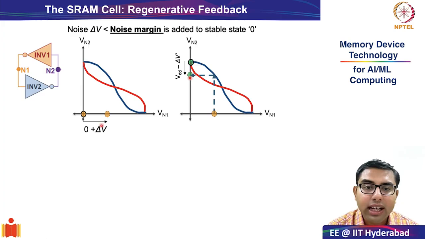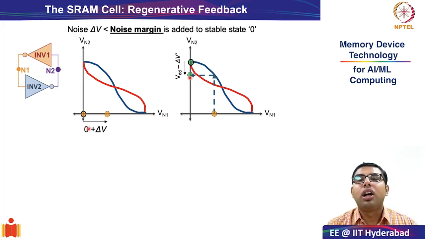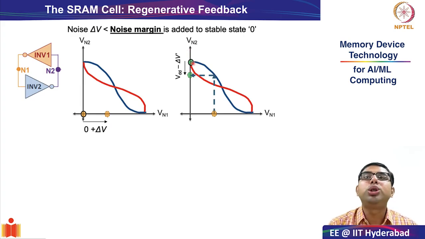Okay, just like there was an increase due to noise from 0 plus delta V, similarly VN2 will also get slightly disturbed by VDD minus delta V dash. Immediately you can see that the disturbance in VN2 seems to be slightly lower in magnitude compared to the disturbance in the input delta V in the VN1 node. Okay. So this is the first analysis that we do.